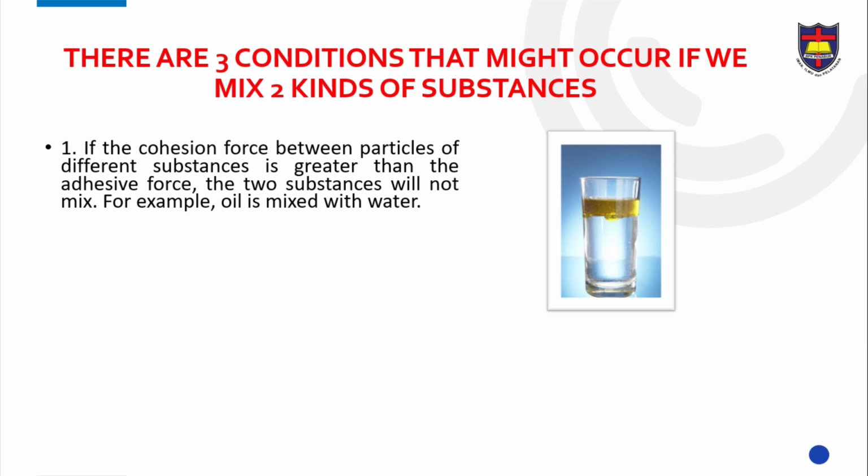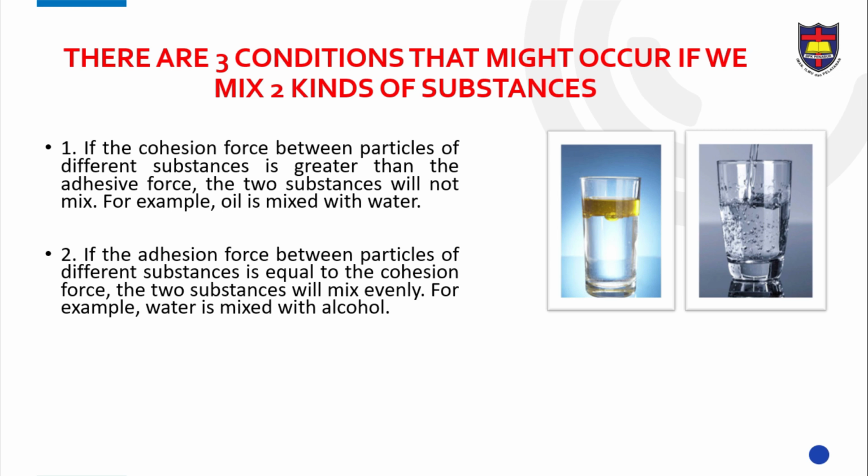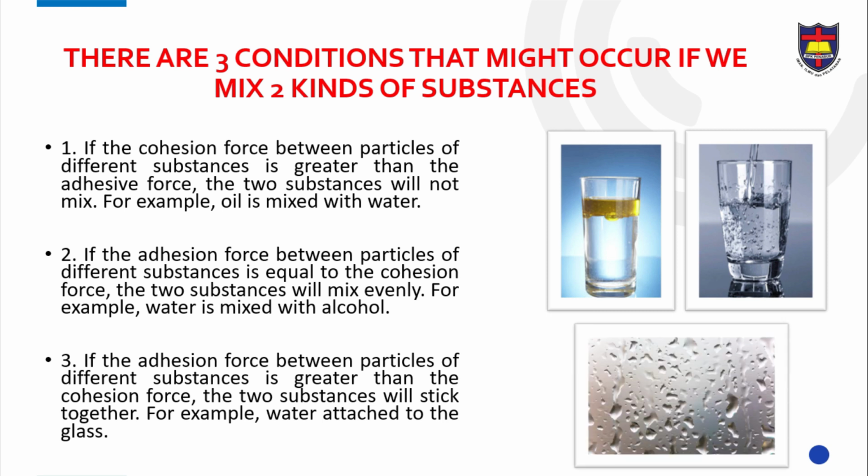If the adhesion force between particles of different substances is equal to the cohesion force, the two substances will mix evenly. For example, water is mixed with alcohol. 3. But if the adhesion force between particles of different substances is greater than the cohesion force, the two substances will stick together. For example, water attached to the glass.